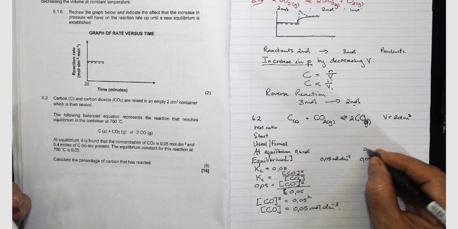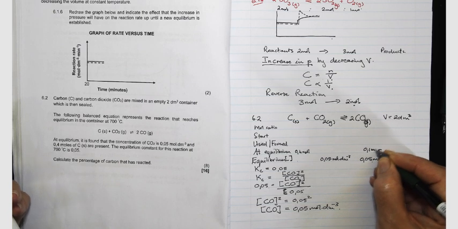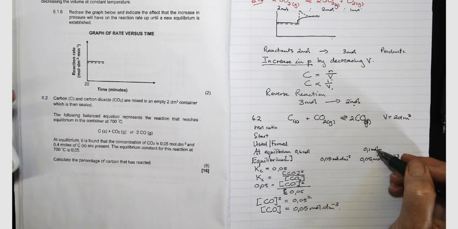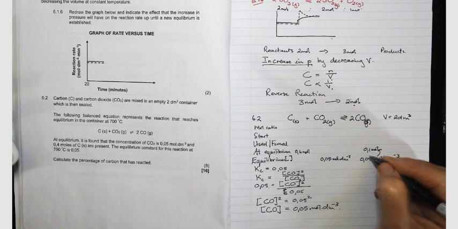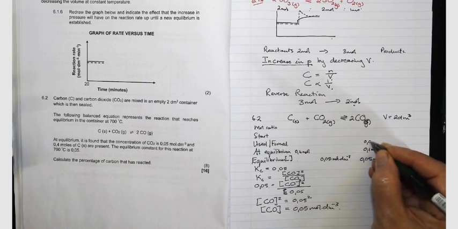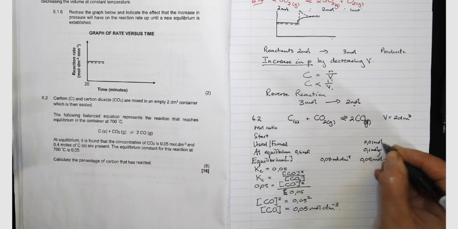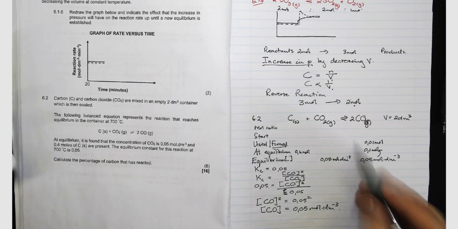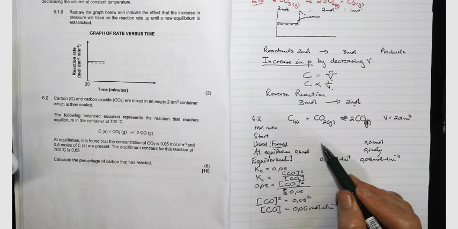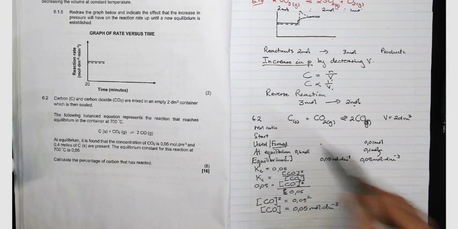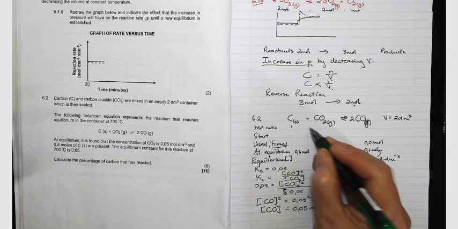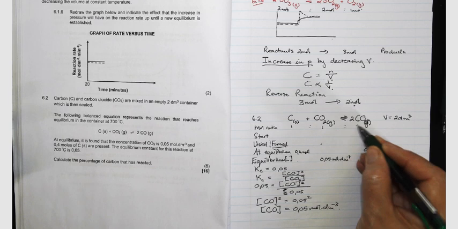So 0.1 mole of carbon monoxide was formed, because that's the mole at equilibrium. How much of the carbon dioxide would be used? The mole ratio is 1 to 1 to 2.